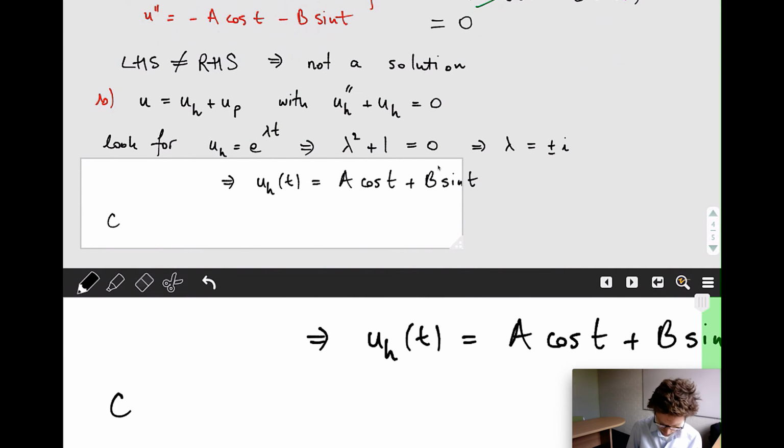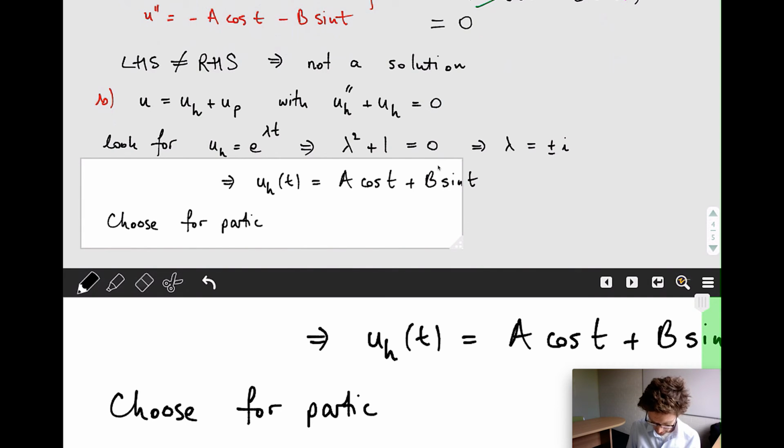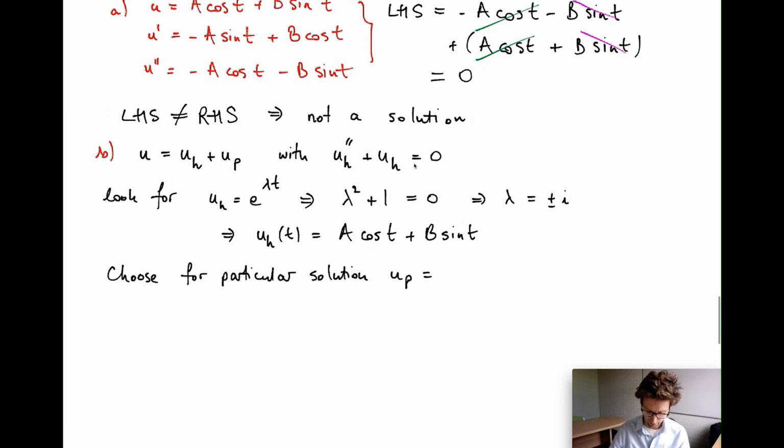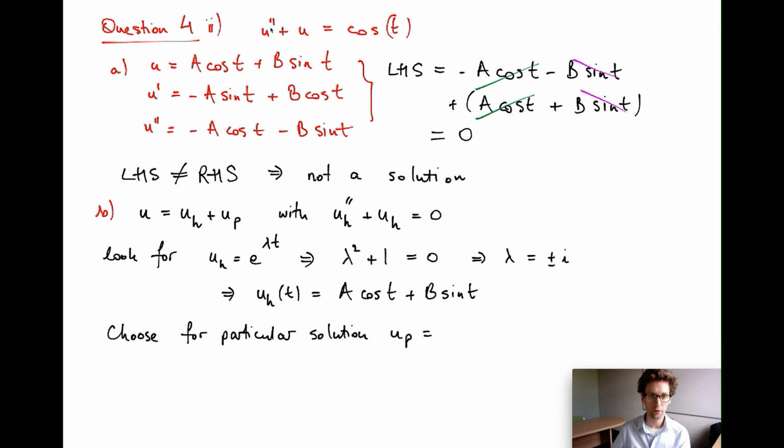So choose a particular solution, or trial solution. What are we going to choose for that? Well, we're going to first of all look at the right-hand side of our differential equation, which is u double prime plus u equal to cosine of t.